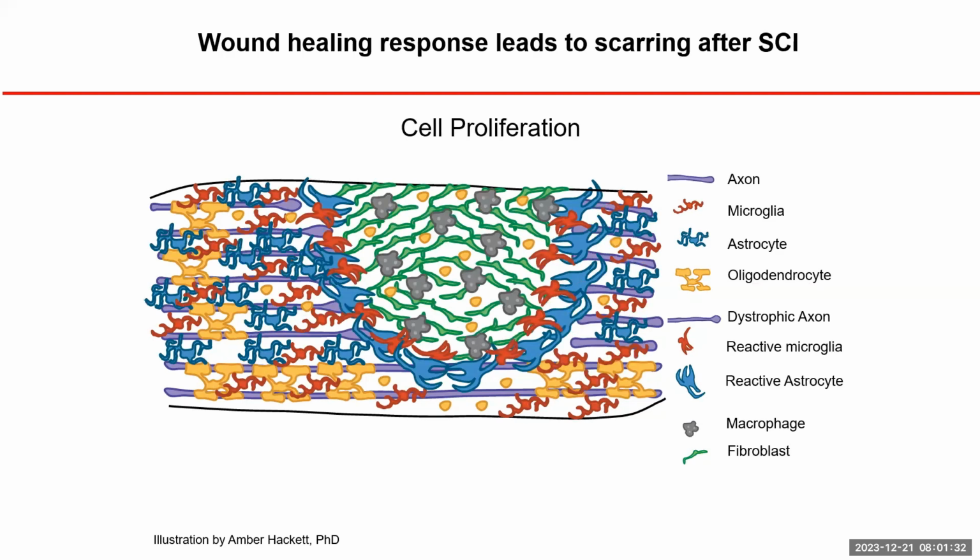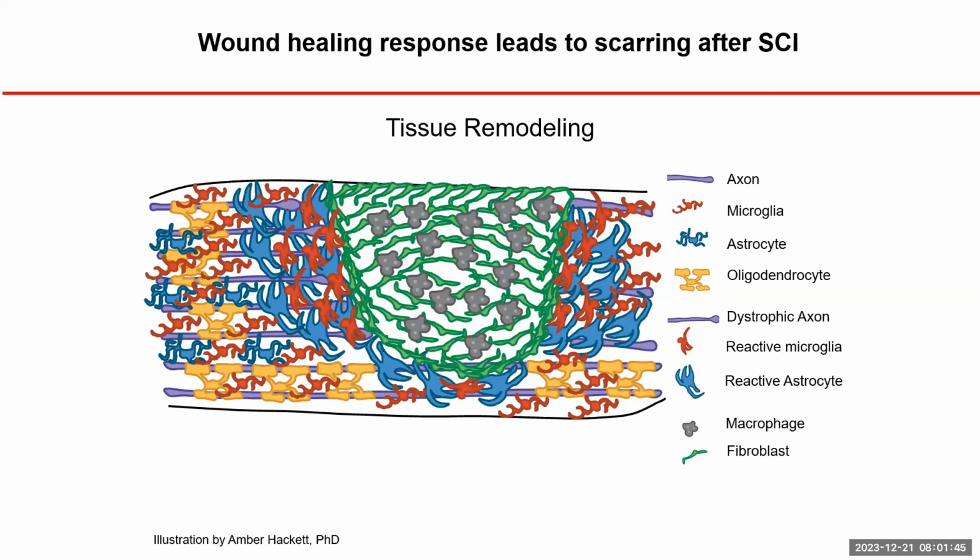That leads to cell replacement, mostly of glial and immune cells. Obviously the neurons and axons don't regenerate. And then this is followed by a long process of tissue remodeling, where you have deposition of extracellular matrix molecules. And this leads to what we typically call scar.